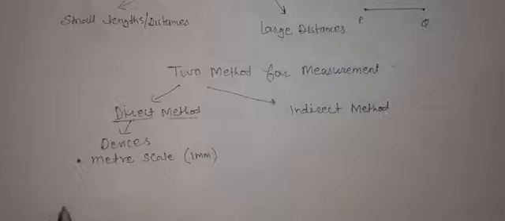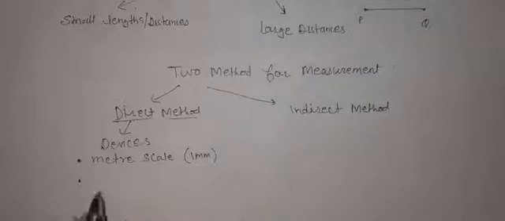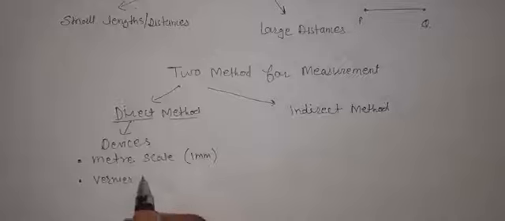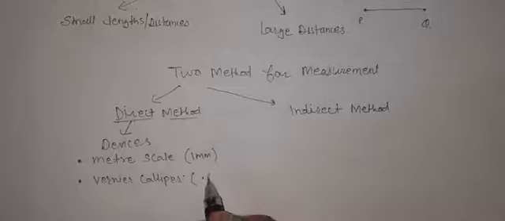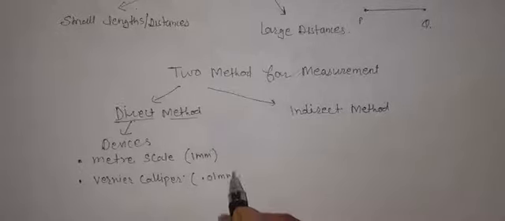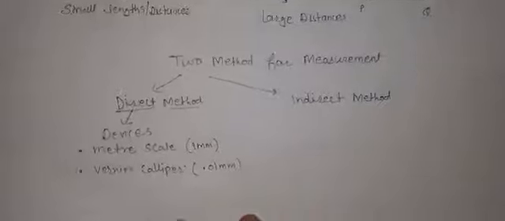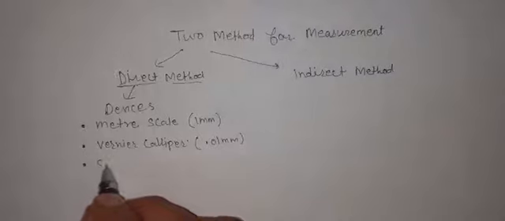If we are talking about smaller distances, then we are going to use the vernier caliper. The vernier caliper can measure up to 0.01 mm. Next, we have the screw gauge.